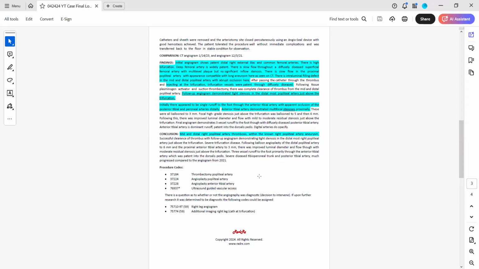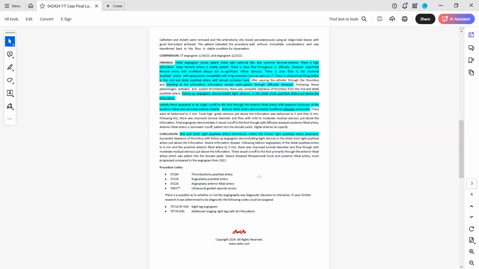Now, one thing we don't know for sure about the imaging is whether or not the angiography was diagnostic, meaning was the decision to intervene based on these angiograms that were performed. We saw in the history that there had already been a prior diagnosis of a thrombus from a prior CTA, but the question is here, were these diagnostic or were they not?